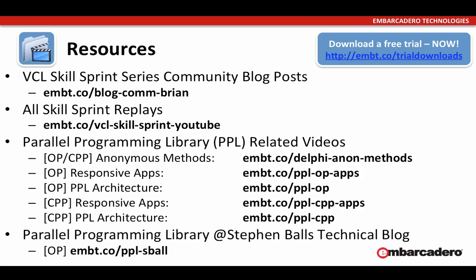To get a deeper understanding of the implementation of the parallel programming library, you can consume either the Object Pascal or the C++ flavor, and I link that here on the screen. Lastly, I'm linking to Stephen Ball's technical blog covering the topic of the parallel programming library. He goes into detail using futures as well as thread pool.